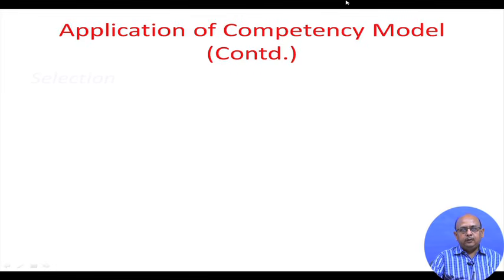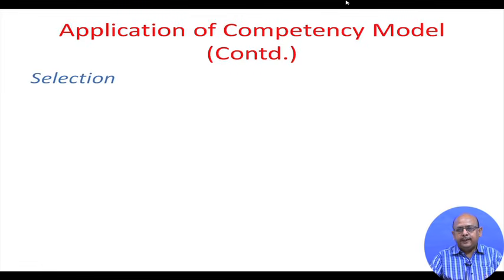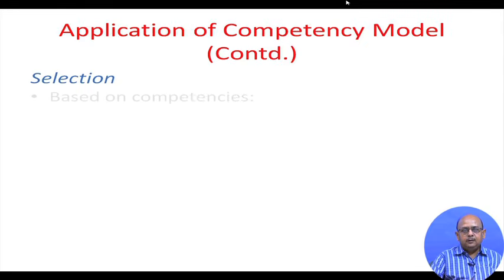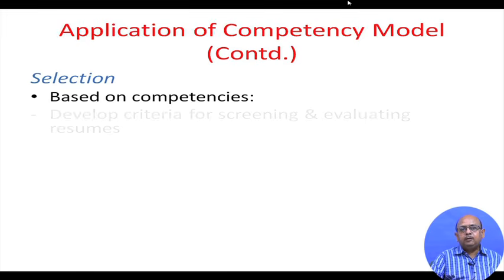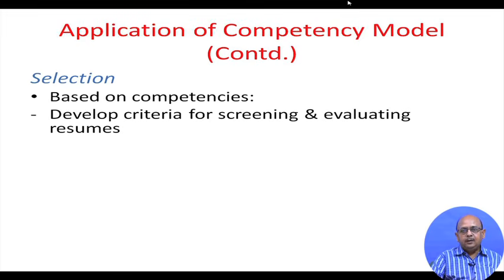Moving further, as I told you, these kinds of things can also be applied for the selection of people. Make sure that you select people who are not going to perform at the standard level, but who are going to perform at a superior level, right. The selection is going to be based on the competencies required for superior performance. When you develop criteria for selection and evaluating resumes, the criteria is not for standard performance, but for superior performance, and you use those characteristics which lead to superior performance.